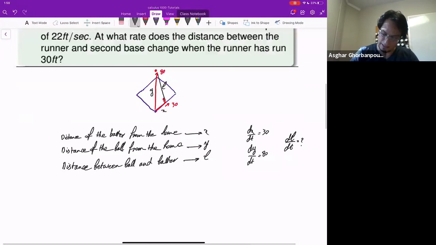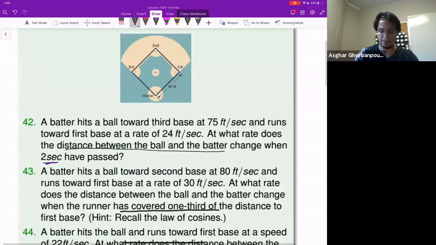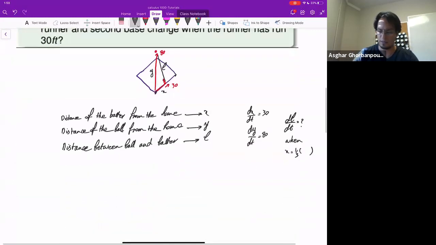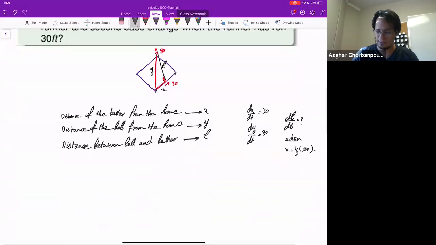So when x is 1/3 of the distance between the home and base, which is given in the question as 90 feet, it means that x is equal to 30.